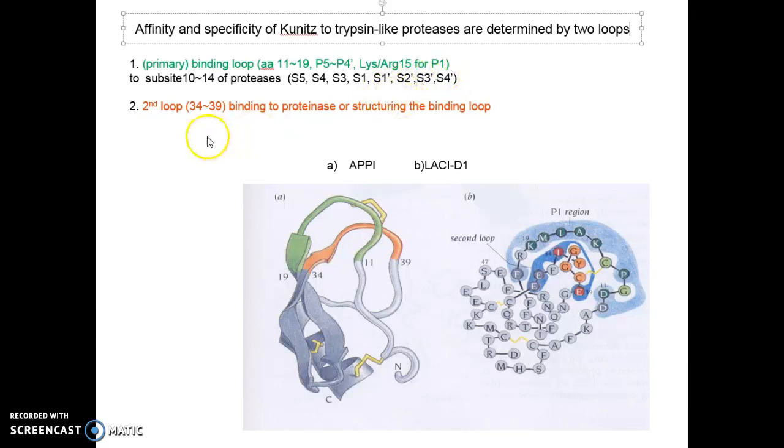And the second loop, residues 34 to 39 in orange color in both, either binds to the proteases or contributes to making the correct structure of the binding loop.